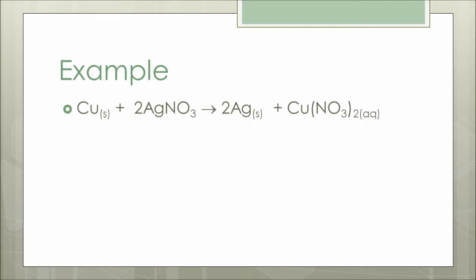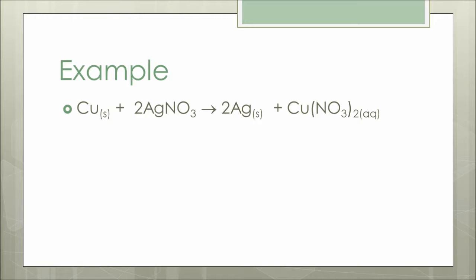Here is an example. Copper, solid in the elemental state, is reacting with silver nitrate. There should have been a subscript aq indicating that silver nitrate is soluble in water. The products formed will be silver and copper(II) nitrate.